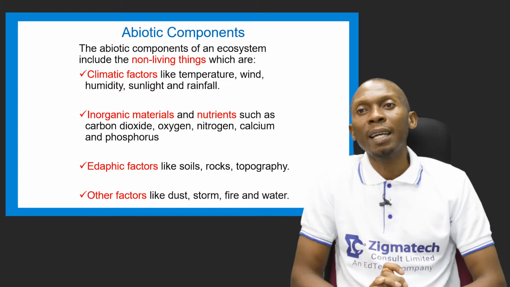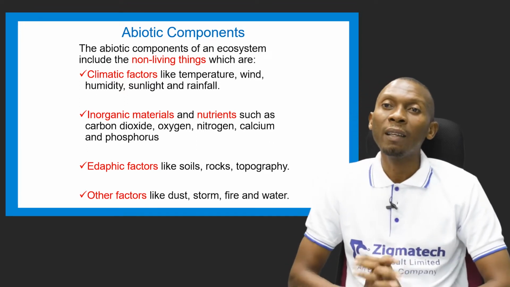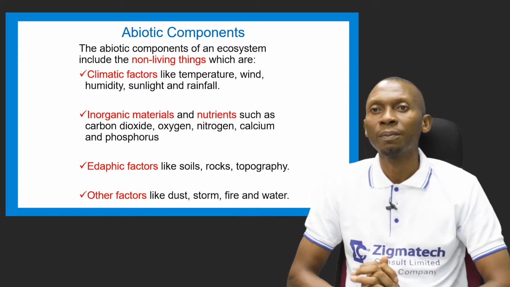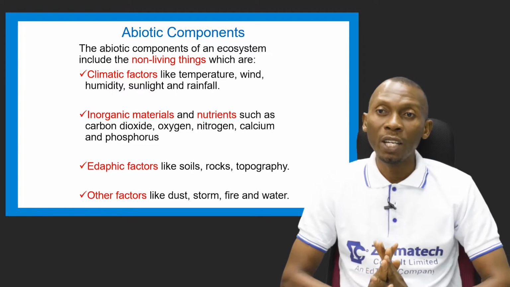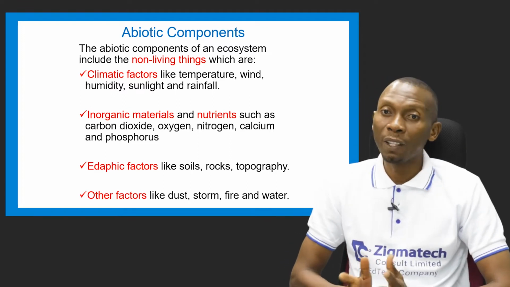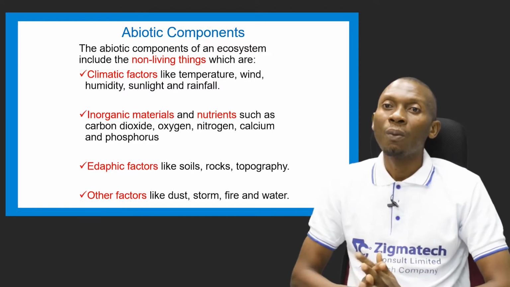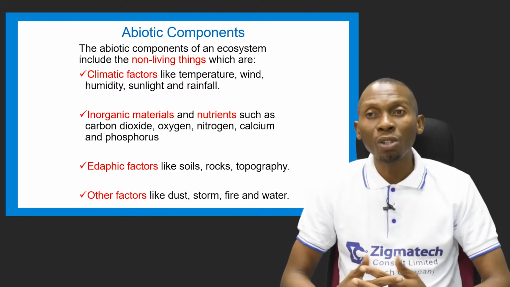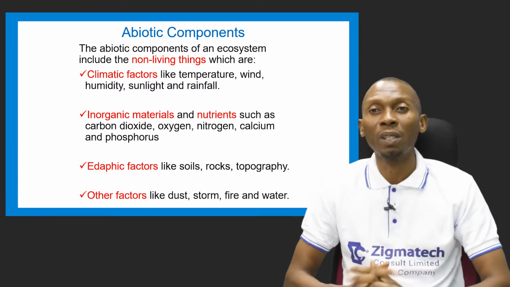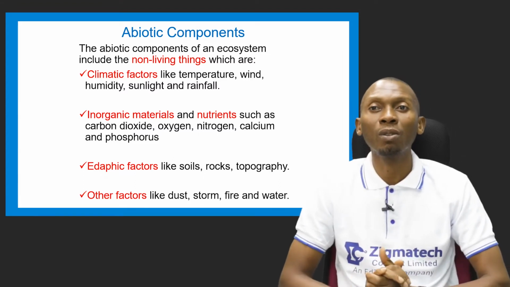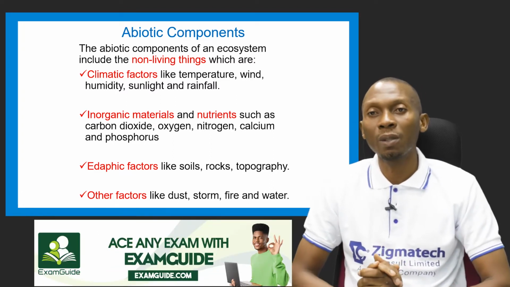Now let's take a look at the abiotic components of an ecosystem, and this has to do with the non-living things which exist in the ecosystem. And here we're going to look at the climatic factors, inorganic materials and nutrients, edaphic factors, and other factors. So what are the climatic factors? Which are things like the temperature, wind, humidity, sunlight, and rainfall. These are climatic factors, and they belong to the non-living components or the abiotic components of an ecosystem.